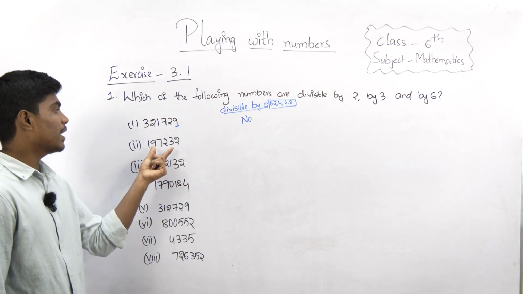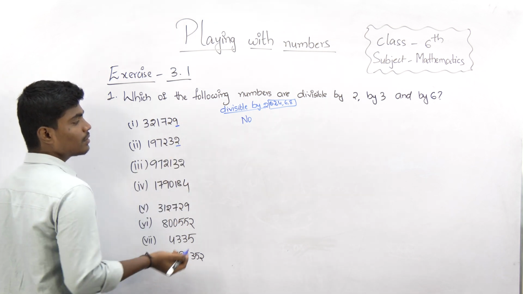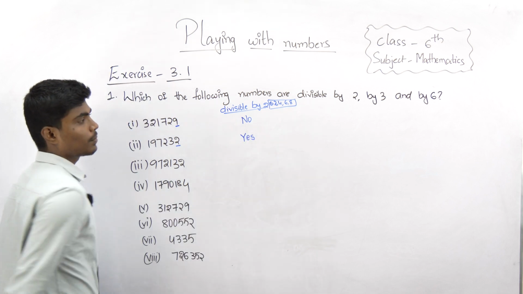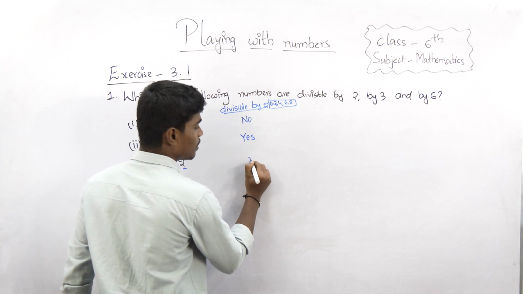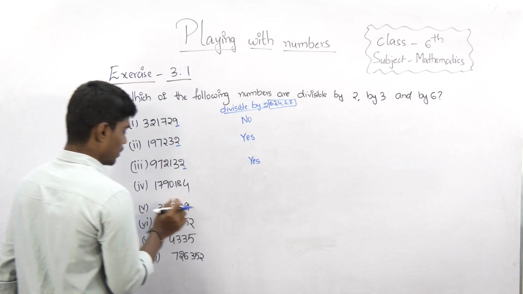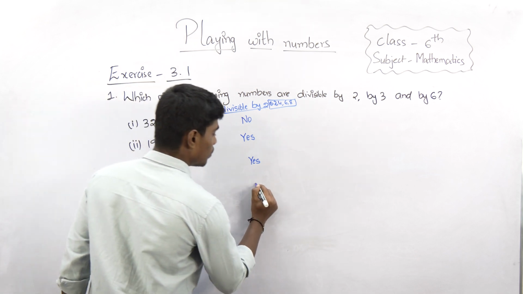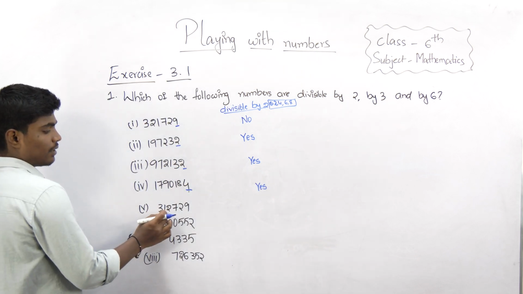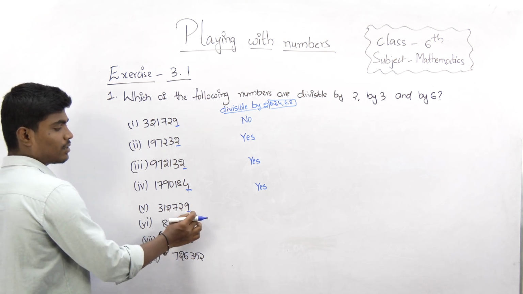While coming to the second, the ones place digit is 2, so this is divisible by 2. The third one, ones place 2, so this is also divisible by 2. The fourth one, the ones place is 4, so this is also divisible by 2. In the fifth one, 3, 1, 2, 7, 2, 9, the ones place has 9, so this number is not divisible by 2.